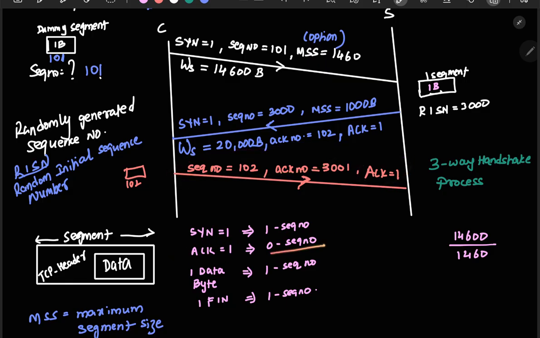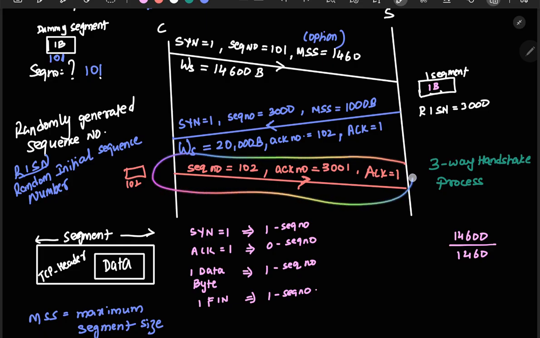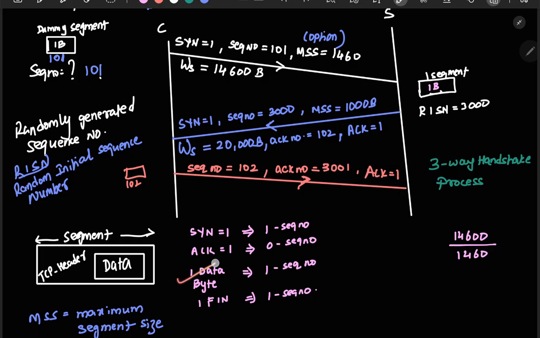What is the meaning of it? This is called pure acknowledgement, because this is not data. See, if you're actually sending data, then it will consume one sequence number. So next time when you're sending a packet, you tell me what would be the sequence number.